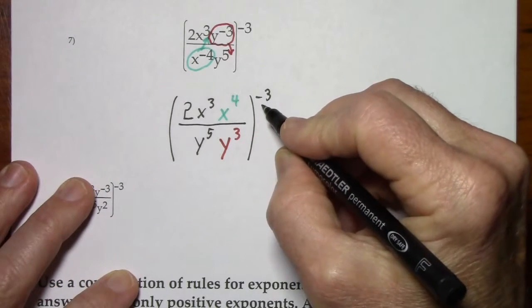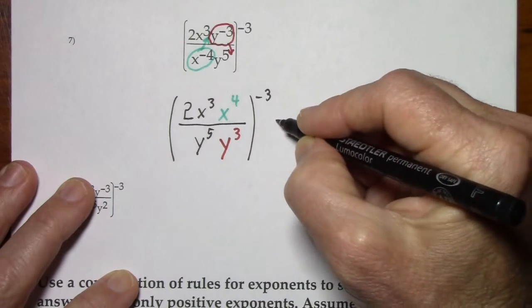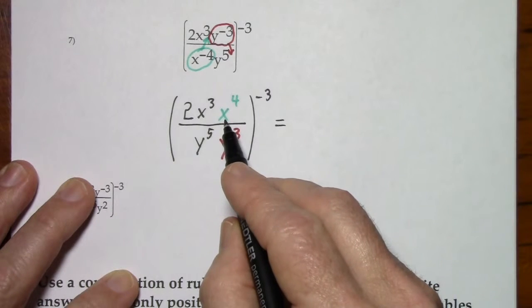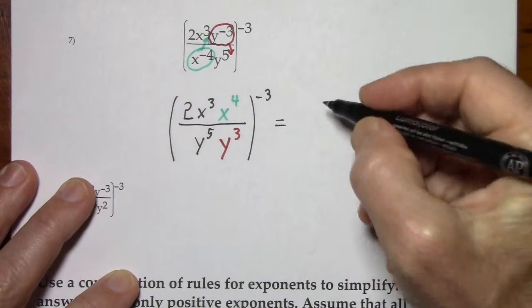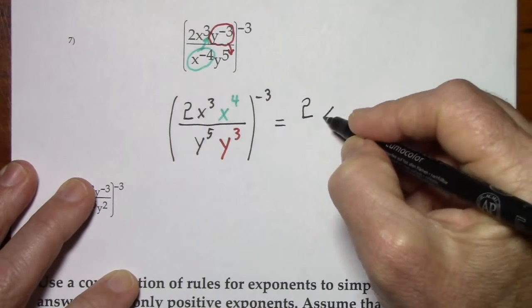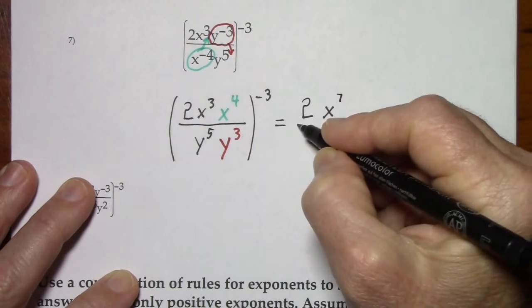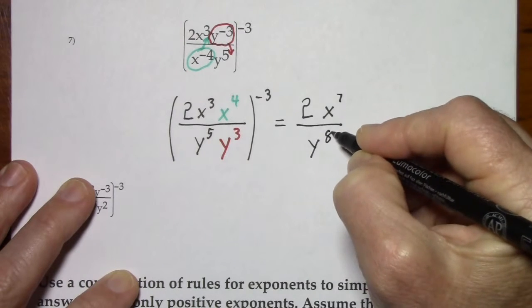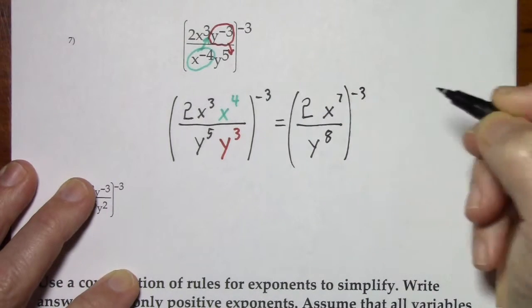Notice this exponent's still negative. I'm going to clean up what's inside. I can use the product rule to combine these two. We'll add exponents. Down here, we'll add exponents. So this becomes x to the 7, y to the 8, and this is still to the negative 3.